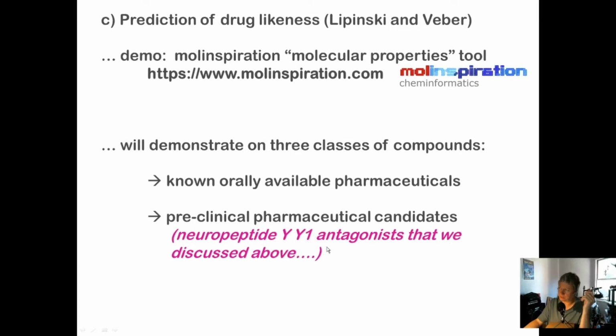That was actually what we just showed when I reviewed it a second ago. So we have an idea that one of those should be orally available and the other should not. We'll do peptide-like pharmaceuticals, which generally speaking are bad oral drugs, and we usually would administer them through intravenous methods.